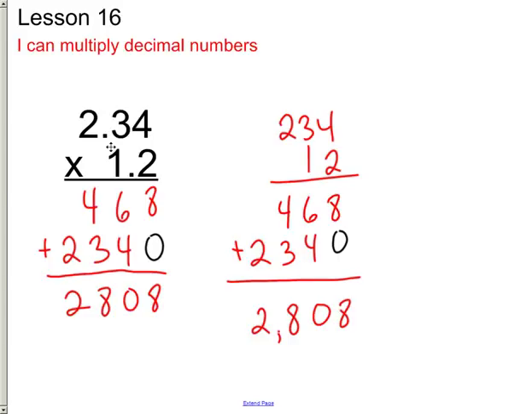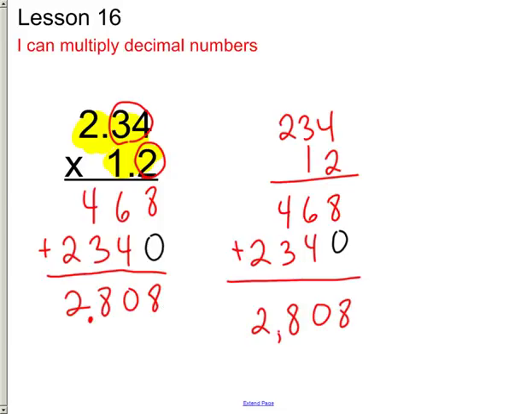And keep in mind, folks, the original problem is both numbers that are being multiplied. So how many number places do we have behind the decimal? Well, we have 2 here, and we've got 1 here, so that's a total of 3 different places. So we put our decimal 3 places over.